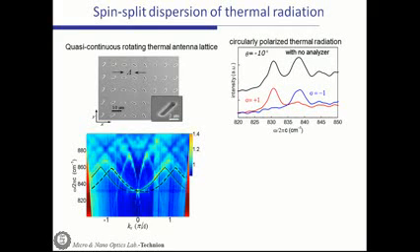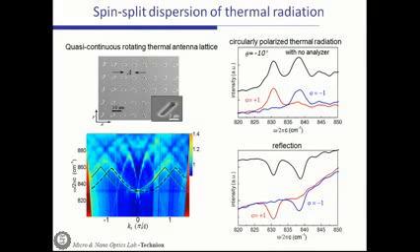So there is a spin-dependent effect for the thermal emission, for spontaneous emission, and there is a very good agreement with our reflection measurement. But here, instead of emission, we have spin-dependent dips, a spin-dependent absorption.